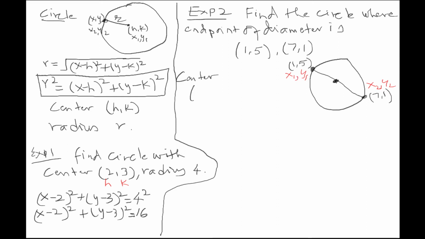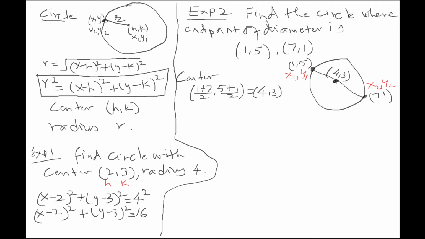The center is ((x1 plus x2) over 2, (y1 plus y2) over 2): (1 plus 7) divided by 2 is 4, and (5 plus 1) divided by 2 is 6 divided by 2, which is 3. So the center of this circle is (4, 3).